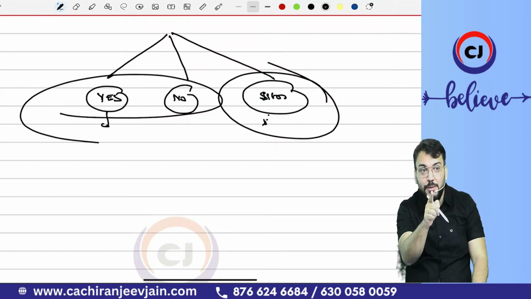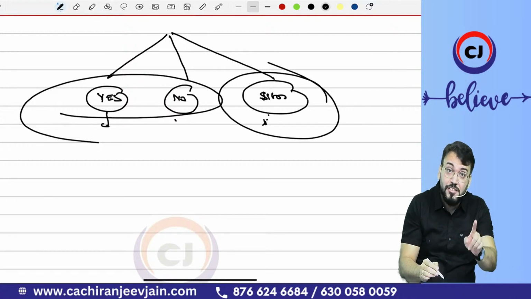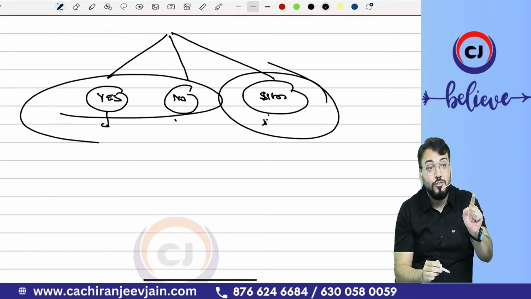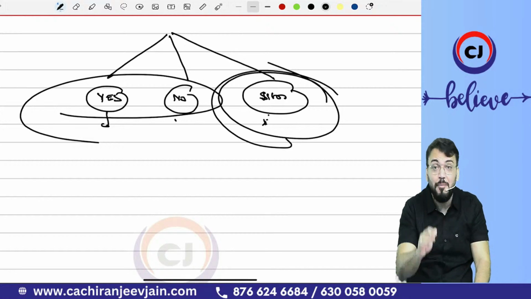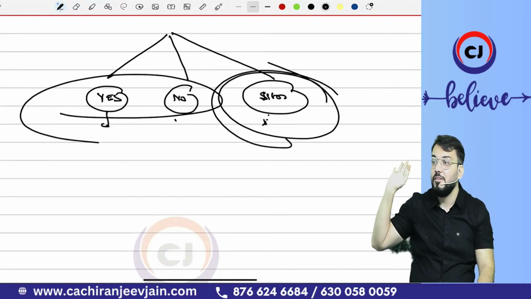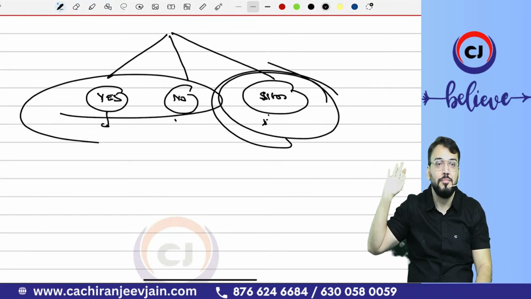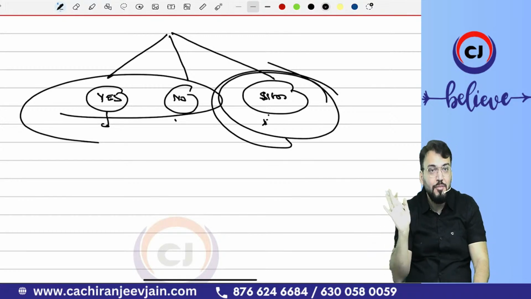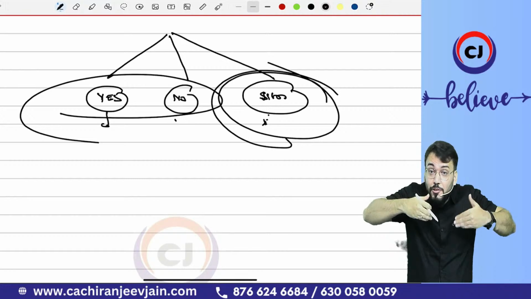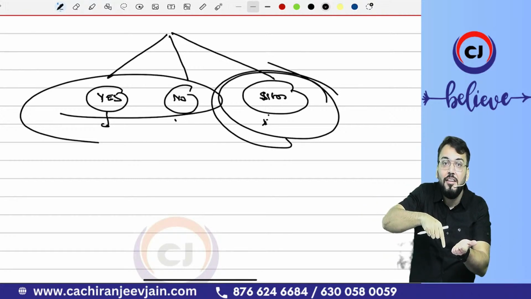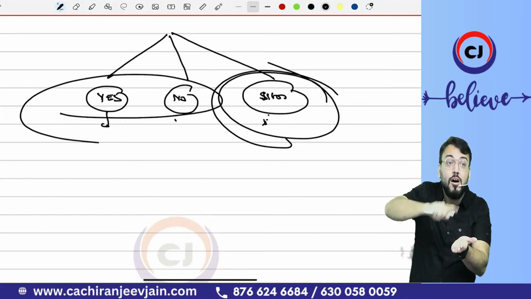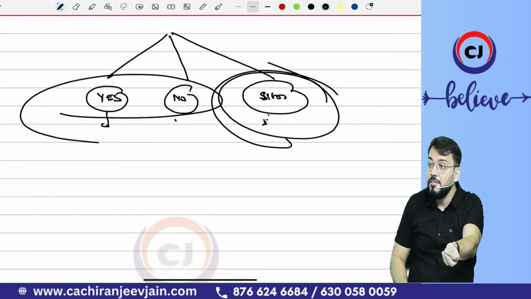Are you able to understand what I am saying? Those who give wrong answers will also become CA. Those who give correct answers will also become CA. But those who are silent, I have a doubt about them, because they have doubt about themselves also. Because they are not giving an answer, they are doubting their answer. If you have a doubt about yourself, how will ICAI give you marks?